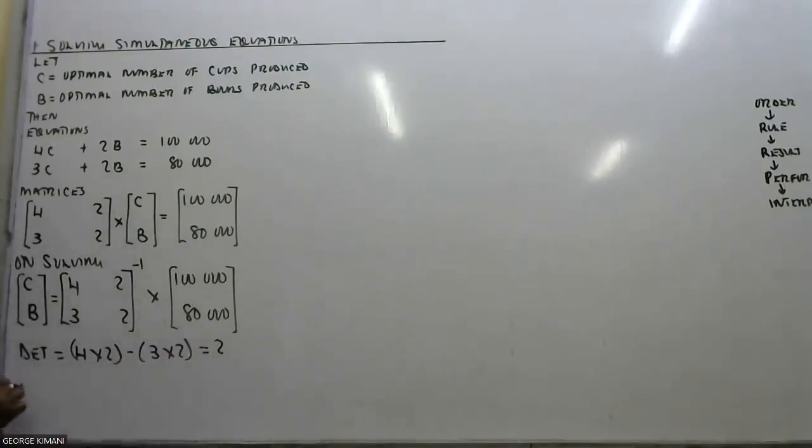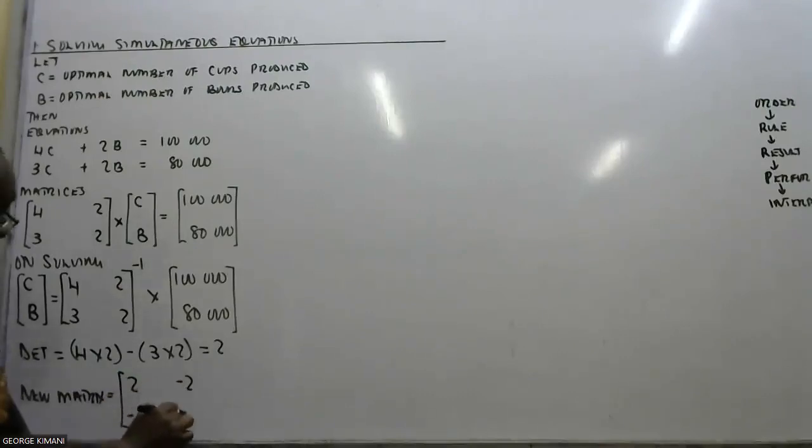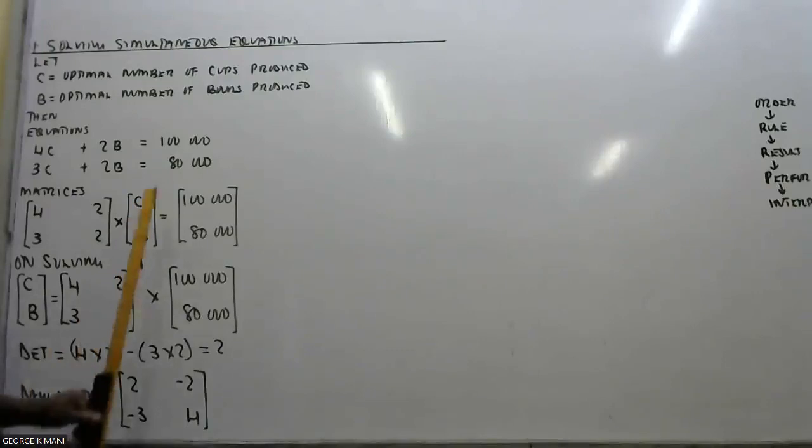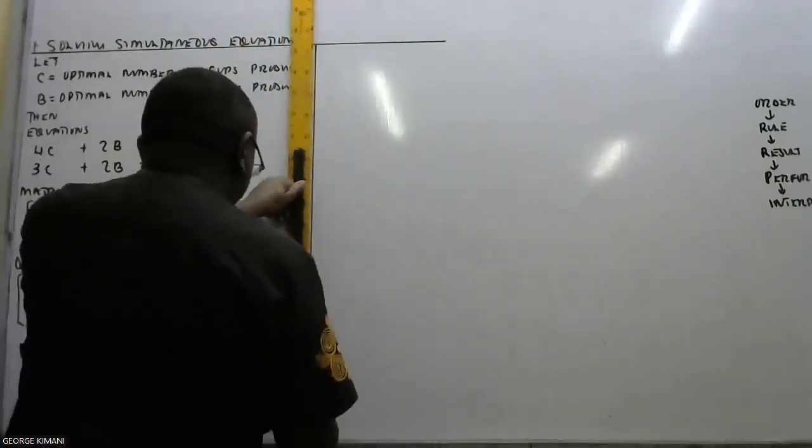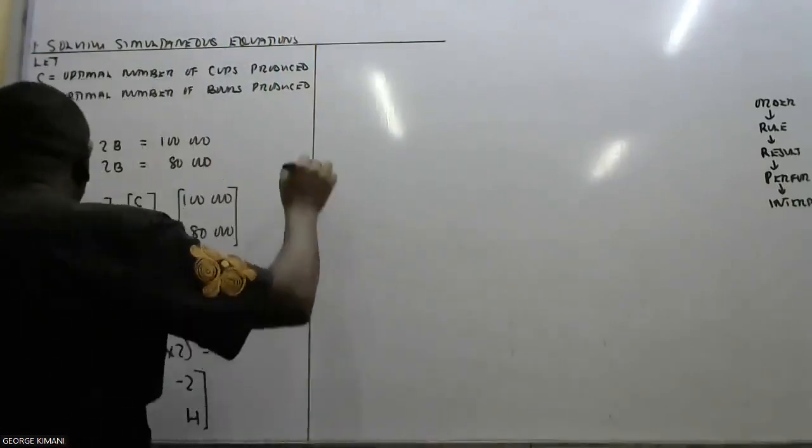You also have to create what we call the new matrix. So the new matrix is 2 here, minus 3, minus 2, and 4. So you get the determinant, you get the new matrix.